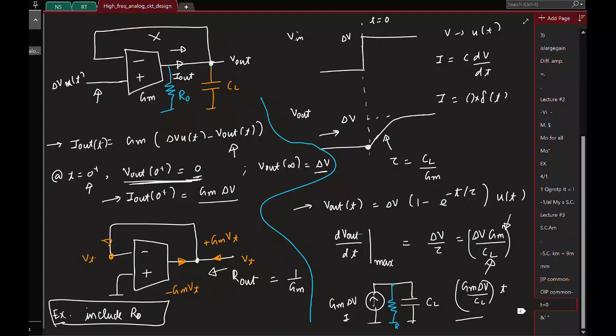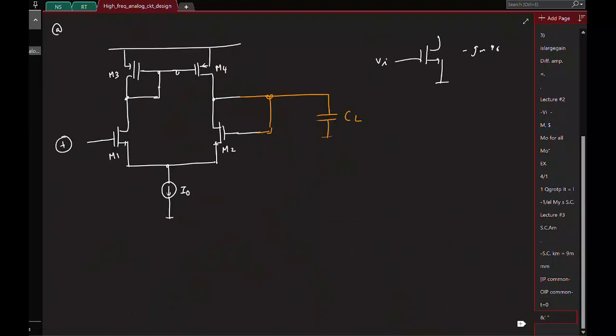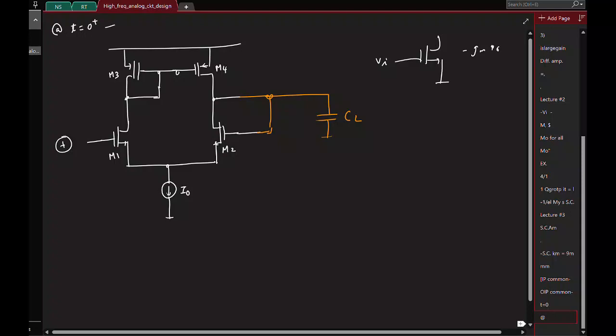The capacitor was uncharged. At t equal to 0 plus also it is uncharged. So it's as if this guy is not doing anything still. So I can say that there is no feedback at t equal to 0 plus. Is that fine? So at t equal to 0 plus, no feedback has started to kick in.